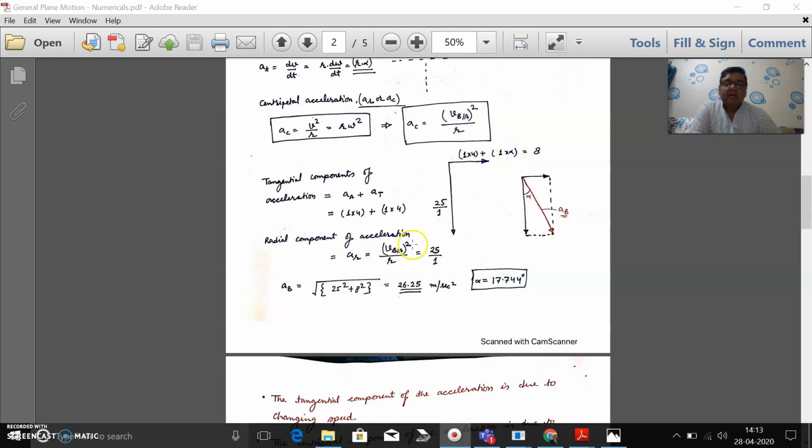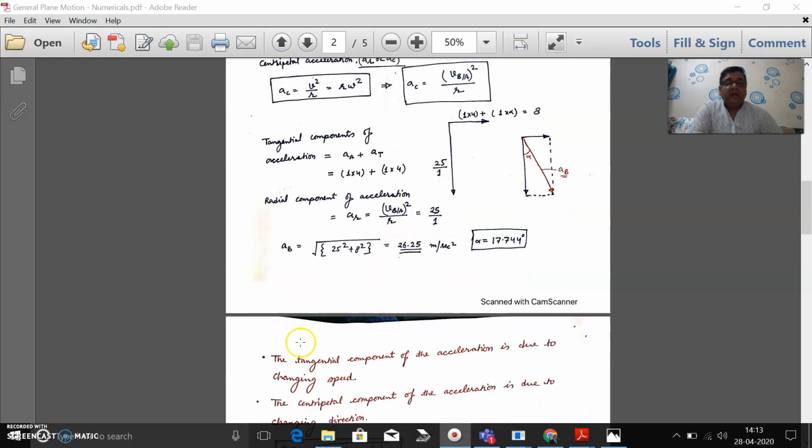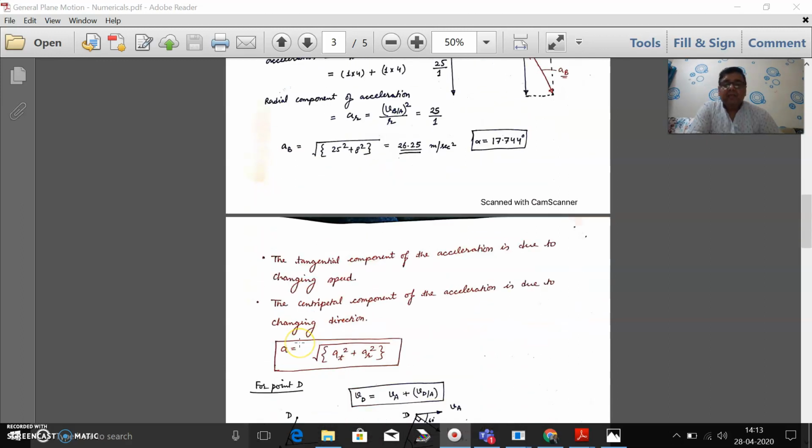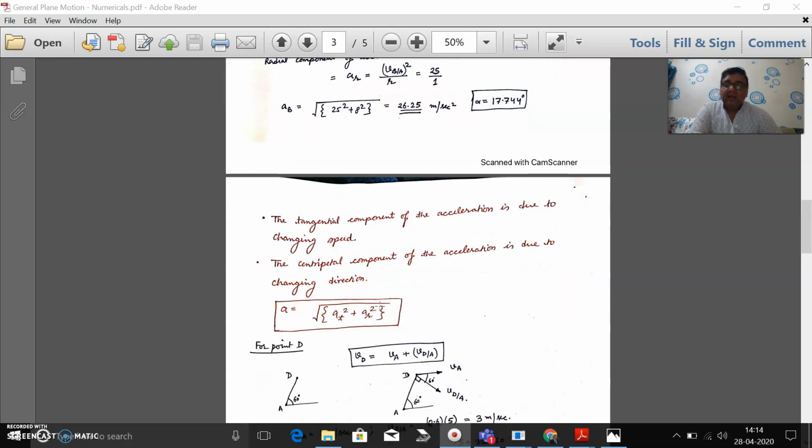So by this we can calculate the acceleration of point B, right? Now, just to clarify a bit more, the tangential component of acceleration is due to changing speed and the centripetal component of acceleration is due to changing direction, right? So this is A is equal to AT square plus AR square.